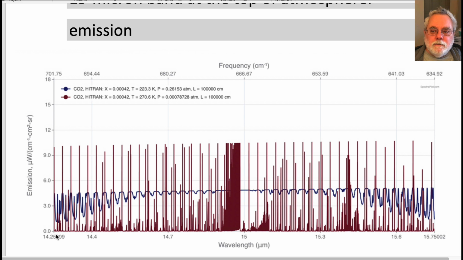So for most of the 14.2 to 15.8 micron band, 100% of thermal radiation from Earth's surface is absorbed by the atmosphere, mostly at the bottom of the atmosphere, but thermal radiation emitted from different altitudes of the atmosphere could reach the top of the atmosphere and escape to outer space.